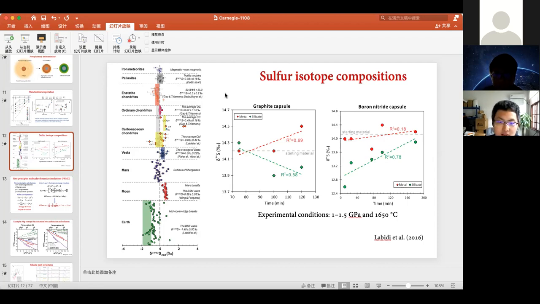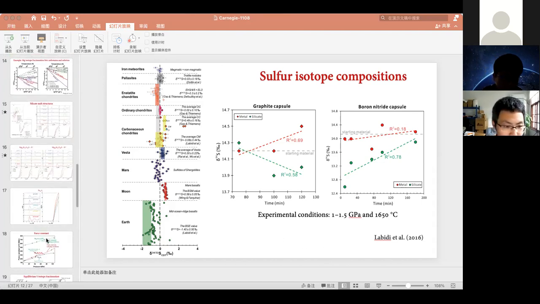Okay, next question, please. Okay, actually, I have another curious question. The composition that you put for the core mantle fractionation that you tried, please go to that page.